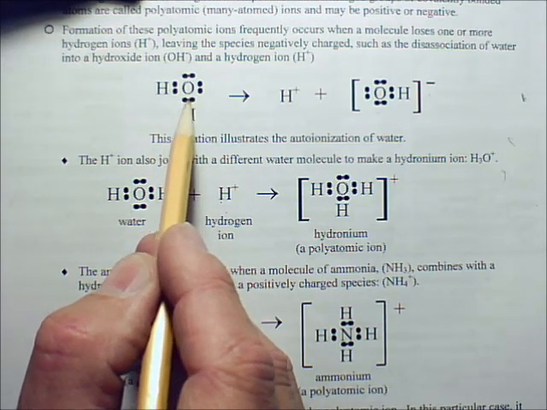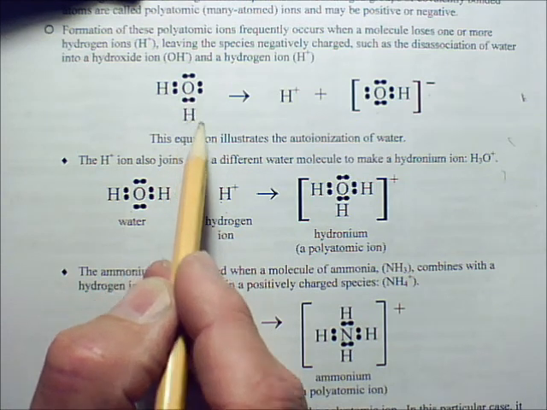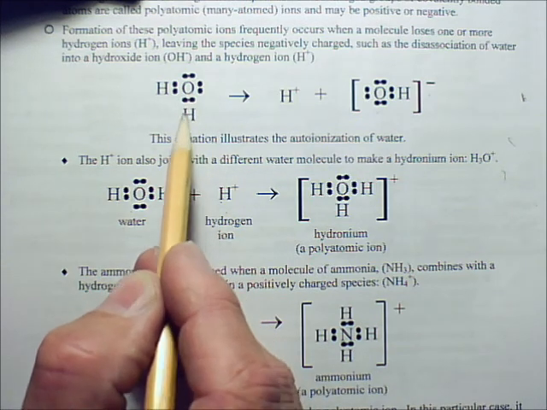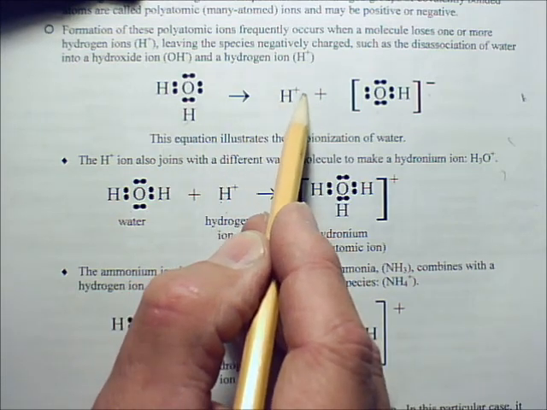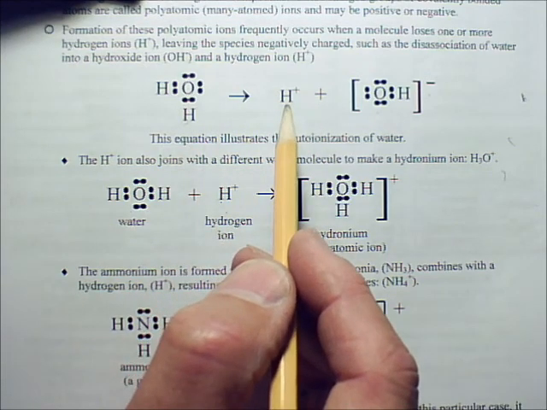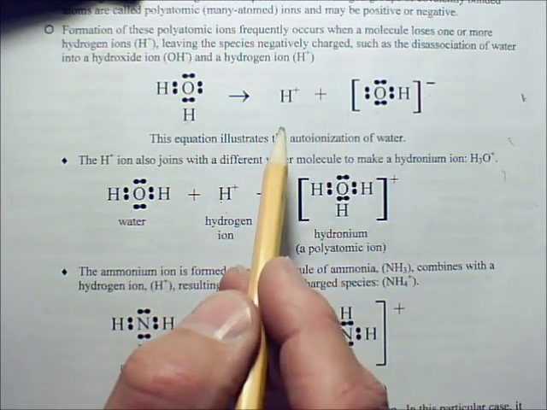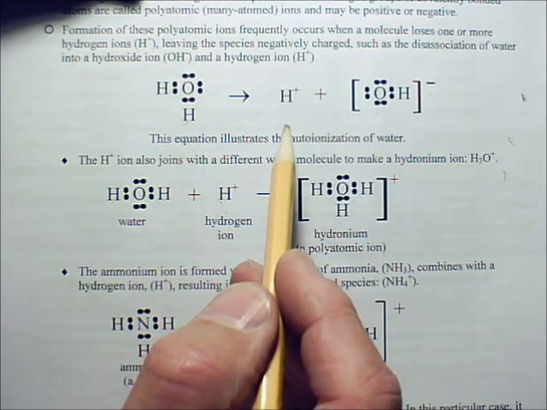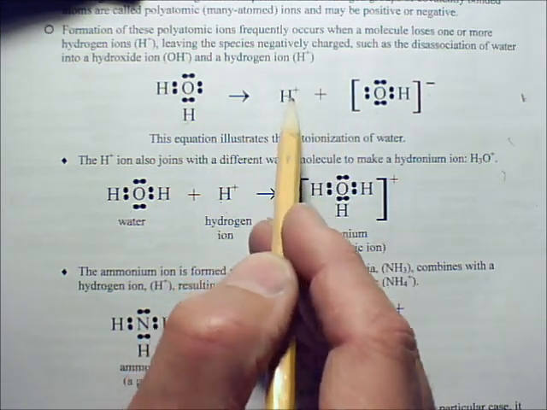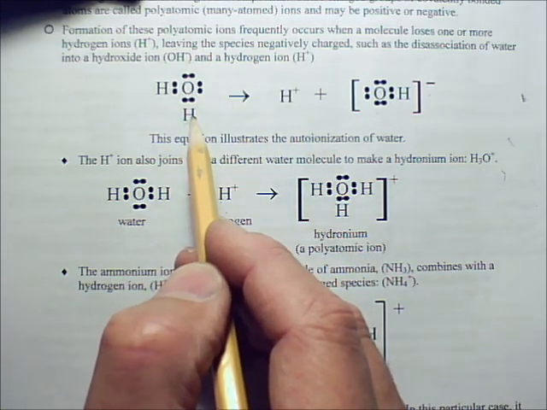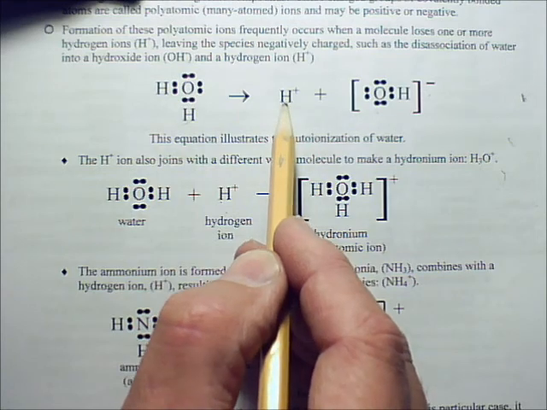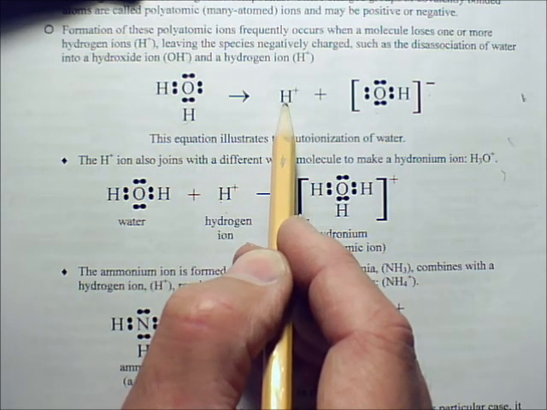But when the hydrogen atom leaves, it leaves without that electron. So when it leaves, it doesn't have an electron. It means it has a positive charge. It has one proton and no electrons to counterbalance the positive charge of the proton. Since it only has a proton, it is a proton. So when hydrogen dissociates from a water molecule, you create a hydrogen ion.